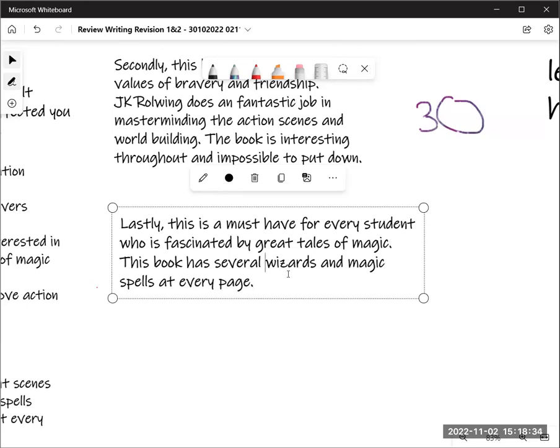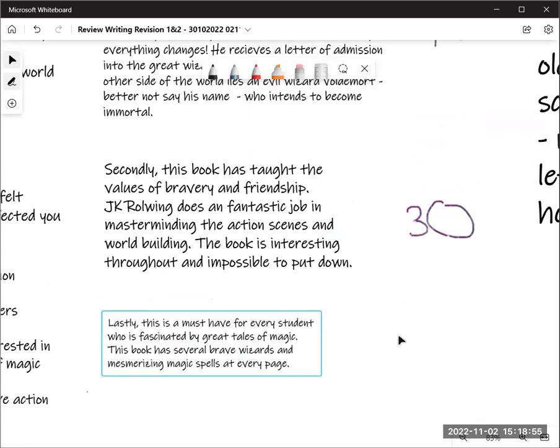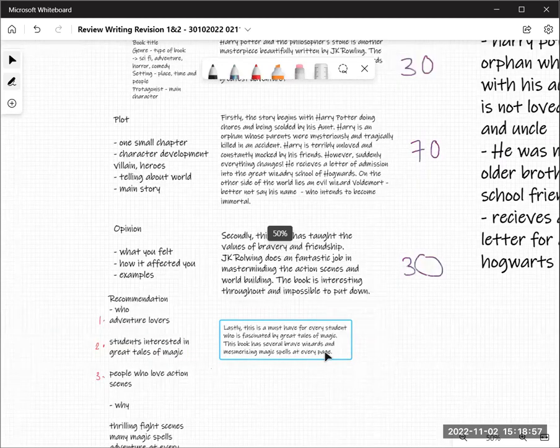So we'll say several brave wizards, and we'll say mysterious or mesmerizing magic spells at every page. Now that finishes the review.